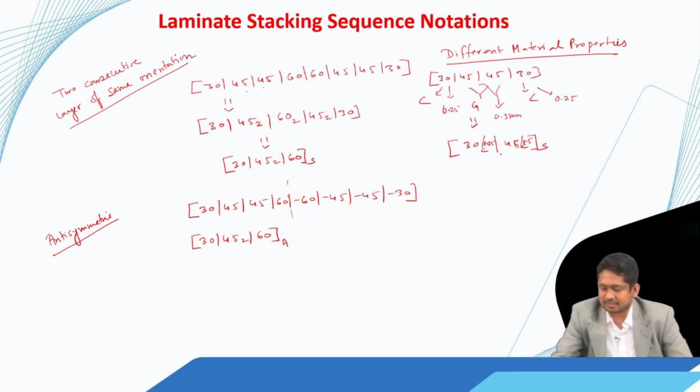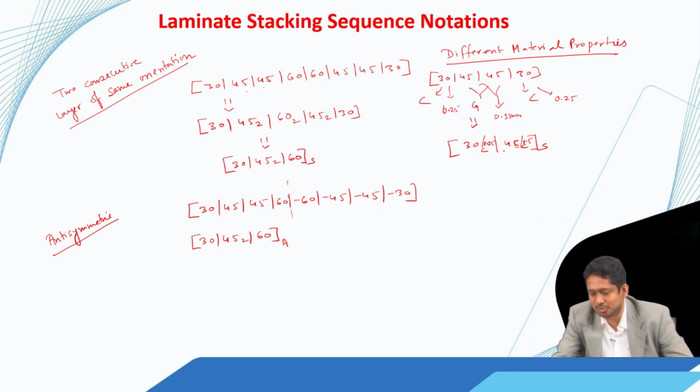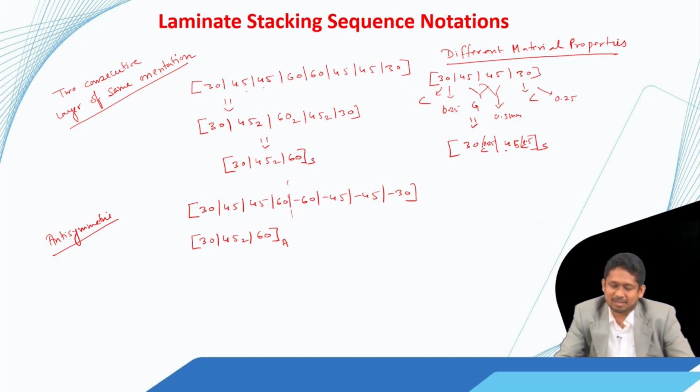So, there are various things to denote in a laminate. If it is made of the same material and all the plies have the same thickness, we generally just write the angles of orientation.